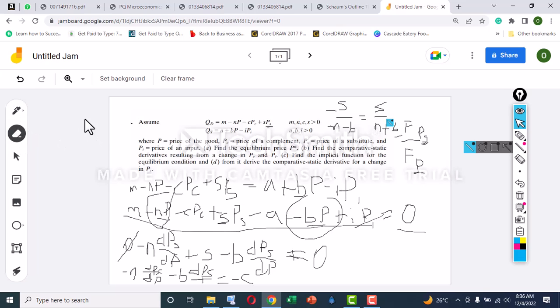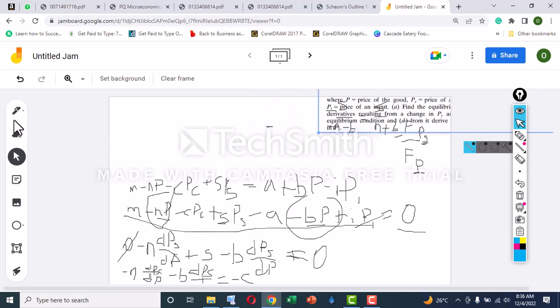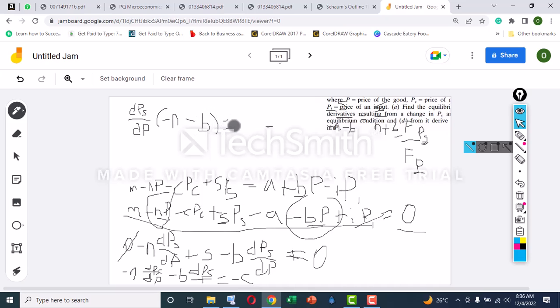So let me just clean some parts. Let me move my question away and continue up here. By the time you factorize these guys here, the minus n dps over dp and so on, we are going to have dps over dp, then everything in brackets: minus n minus b, then everything equals to minus s.